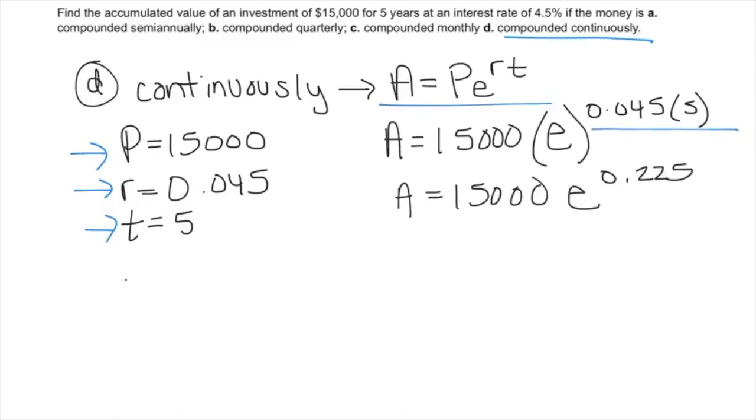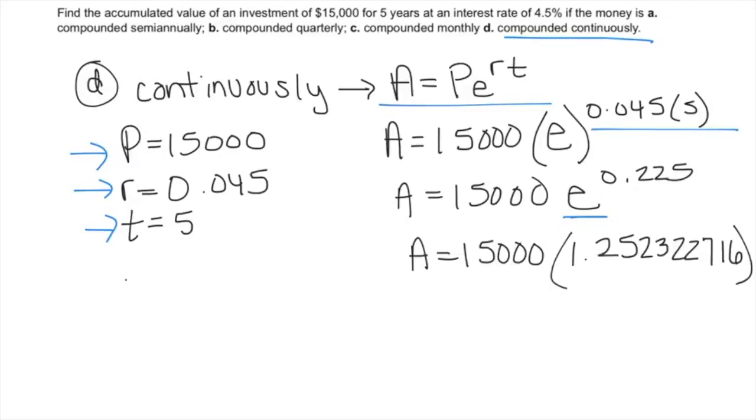Next, you want to look at your calculator and identify E on your calculator. E is just a natural number, and it's a decimal number. It has a really long decimal expansion, and it goes on forever. So, the calculator has that decimal programmed as the letter E. So you'll just find that button, click E, and then raise it to the 0.225 power.